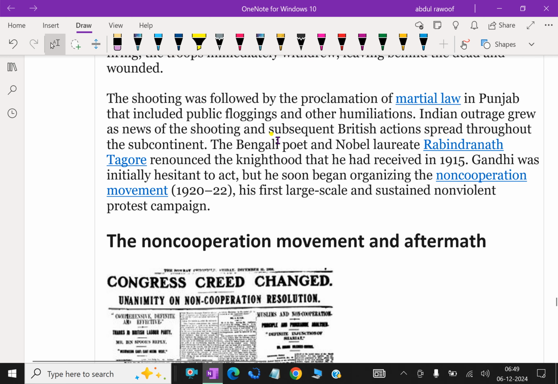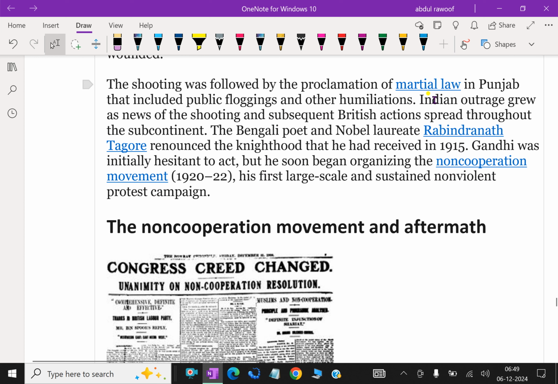The shooting was followed by the proclamation of martial law in Punjab that included public flogging and other humiliations. Outrage in India grew as news of the shooting and subsequent British actions spread throughout the subcontinent.